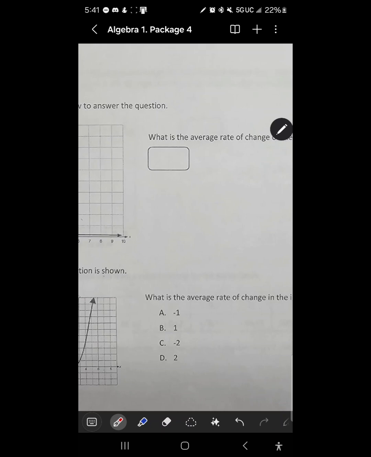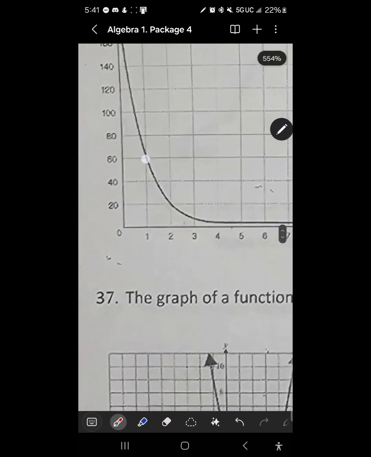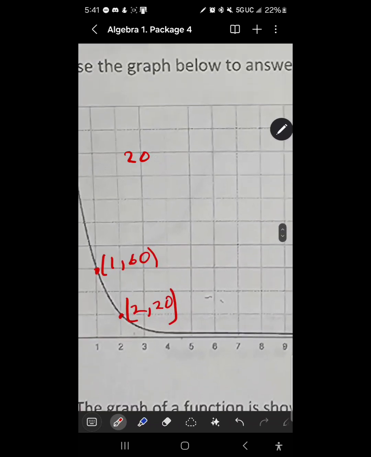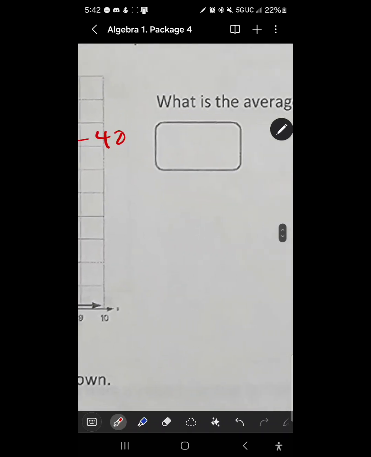So we take the point at x1, which is 1, 60, and then at x2, which is 2, 20. We find the slope, so it will be 20 minus 60 over 2 minus 1, which is negative 40 over 1, so negative 40. This is the average rate of change.